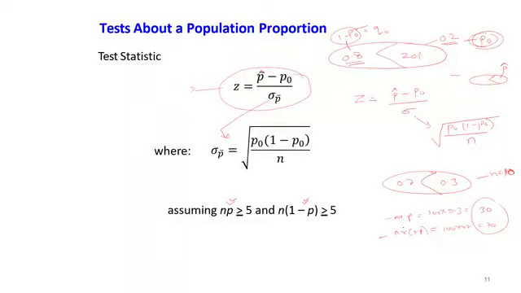So that's the check you have to take. If in your sample a particular proportion is not represented fairly, then you should not perform this test. You should collect more observations and make sure that the minimum observations in each of the categories is greater than or equal to 5.